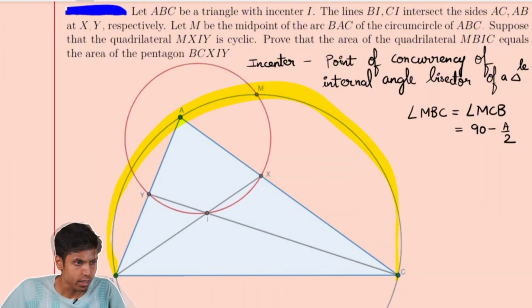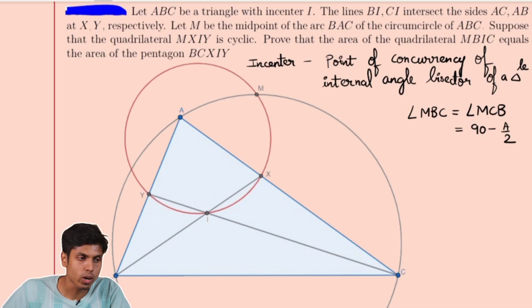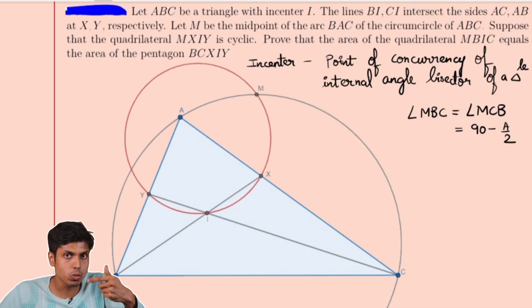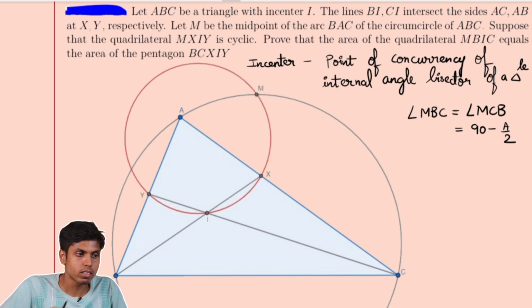So let's proceed. Suppose the quadrilateral MXIY is cyclic, and as mentioned, X and Y are the feet of the angle bisectors onto the opposite sides. You get points MXIY to be concyclic, and that is highlighted in this red colored circle. This does not happen for any triangle, but the triangle is chosen in order to accommodate that.